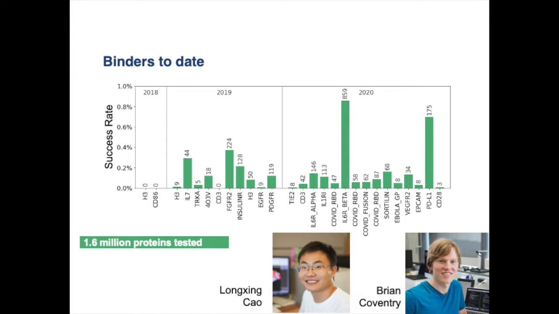And that has very much become not the case anymore. The hit rate for the initial screen step of the binder design pipeline has risen considerably, to the point where you can pretty reliably get initial hits for targets that have reasonable properties. So this is a huge success story, and this is going to be written up soon, so you can all hear more about this.